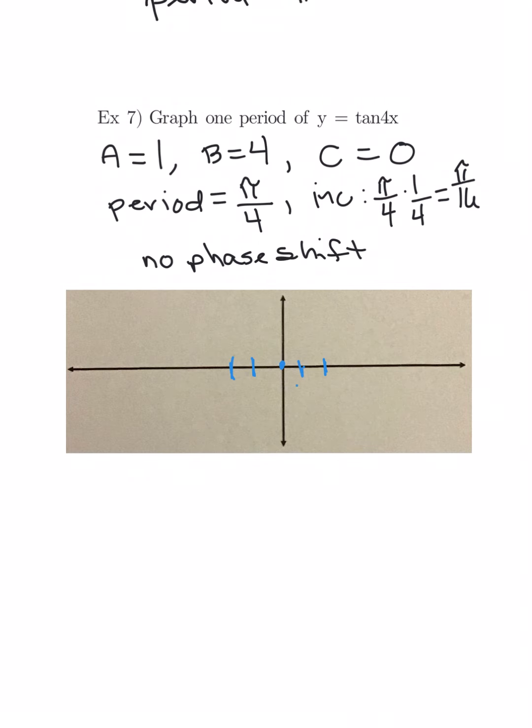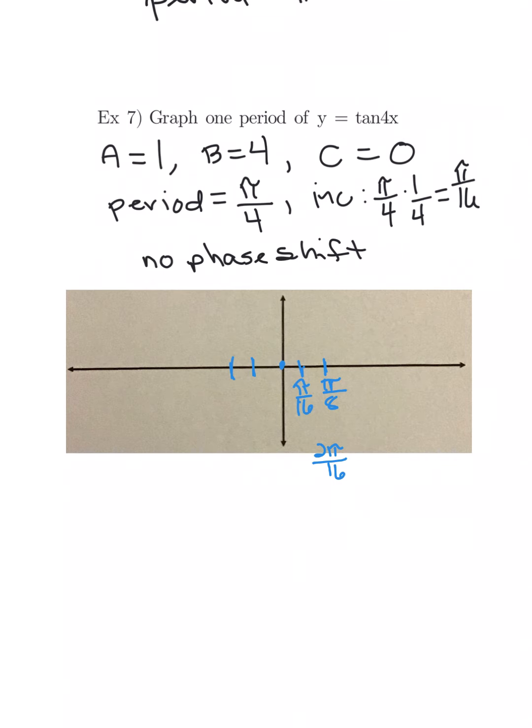So the first mark will be pi over 16, and then the second mark, pi over 16 plus pi over 16, is 2 pi over 16, which simplifies to be pi over 8.